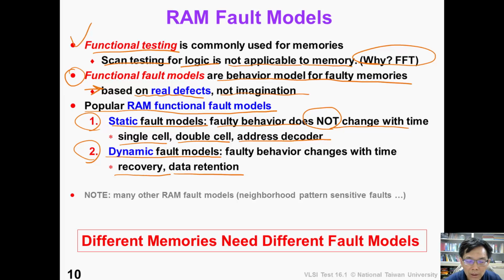They are called dynamic because their faulty behavior changes with time. Please note that there are actually many other RAM fault models, such as neighborhood pattern sensitive faults, etc. But due to time limitation, we will focus on these fault models. In conclusion, different memories will require different fault models due to technology difference.